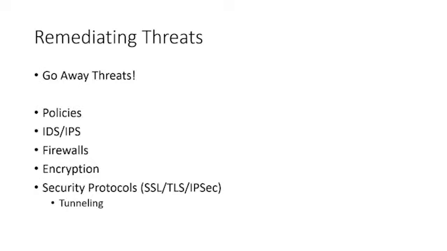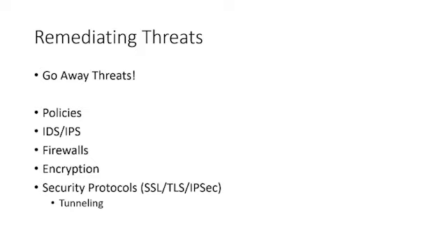Firewalls, right? We can have host-based firewalls. We can have network-based firewalls. Those remediate threats. They allow or disallow certain traffic to come through into our network or into our host. Again, that's another layer of that defense in depth that we want to have.